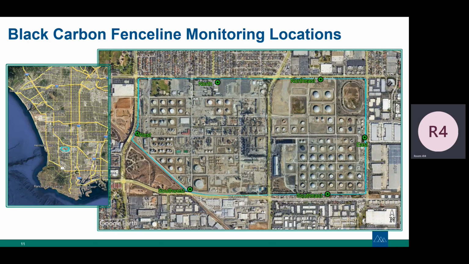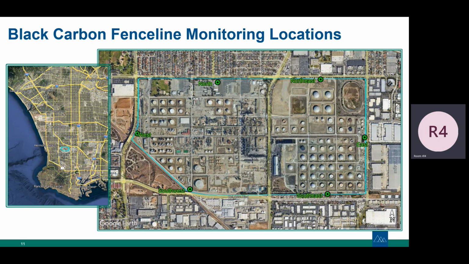So before I start showing data, I want to give a little context here. If you're not familiar with the Southern California area, there's a larger map here on the left-hand side showing downtown Los Angeles, kind of in the upper right-hand corner. Where we do our work is in Torrance at the refinery, shown in light blue, and there's a zoomed-in map of the facility on the right-hand side.